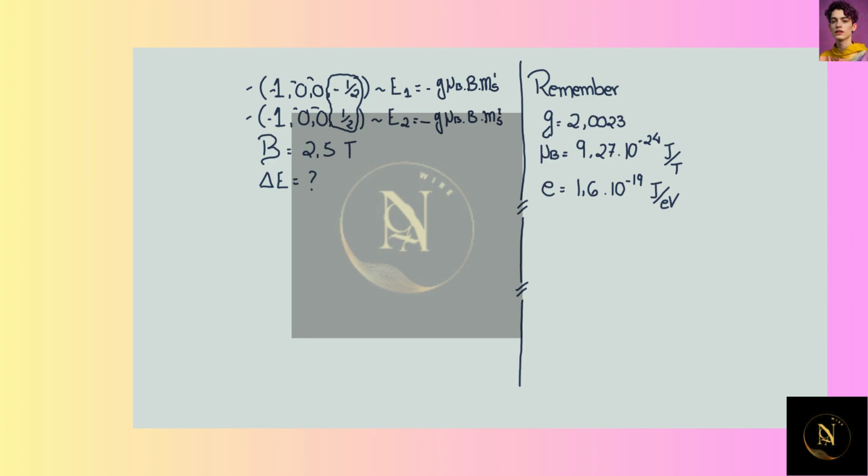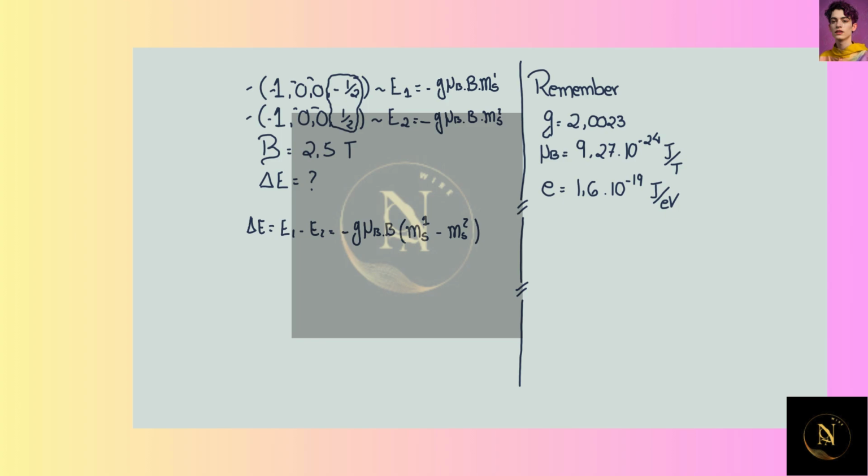Therefore, delta E, we can set this to be equal to E1 minus E2, which is equal to minus g mu B times B multiplied by ms of state 1 minus ms of state number 2.